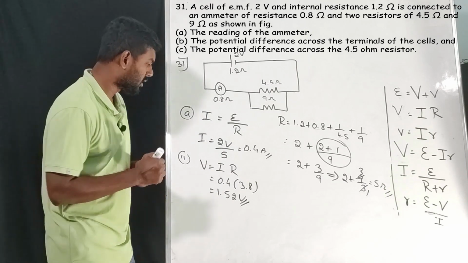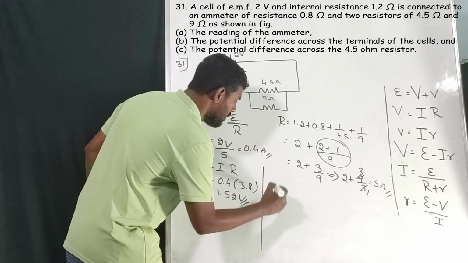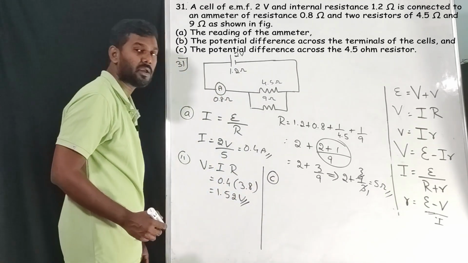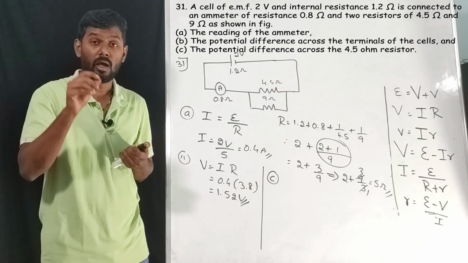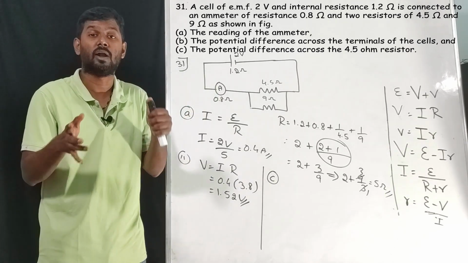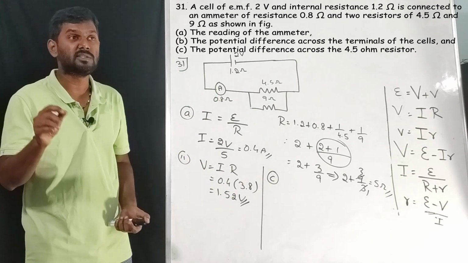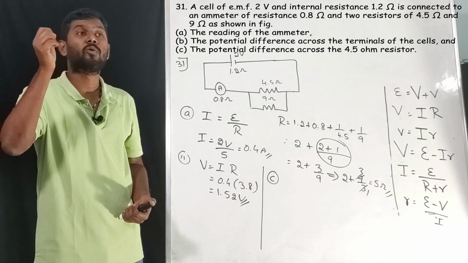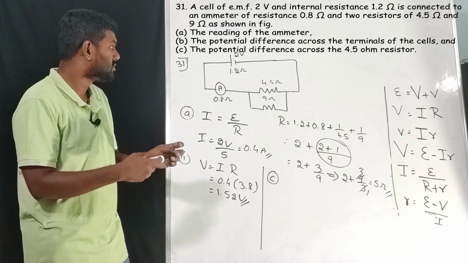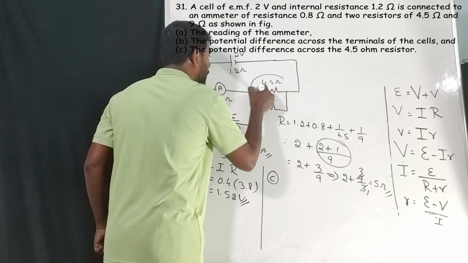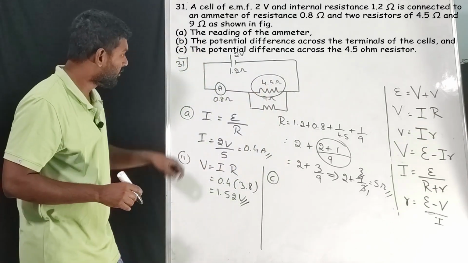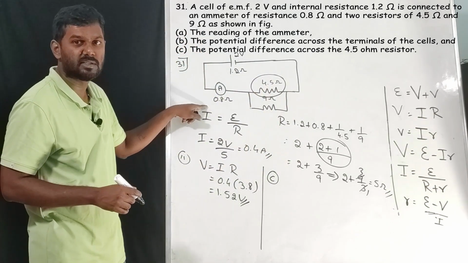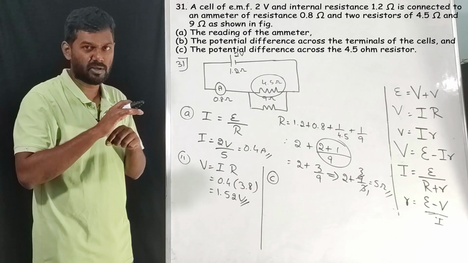That's it. Now our third sub question. Okay, sub question C. This is the really hardest logic to understand. They're asking the potential difference across the 4.5 ohm resistance. See, if this ammeter didn't have resistance, then the concept would be very easy.